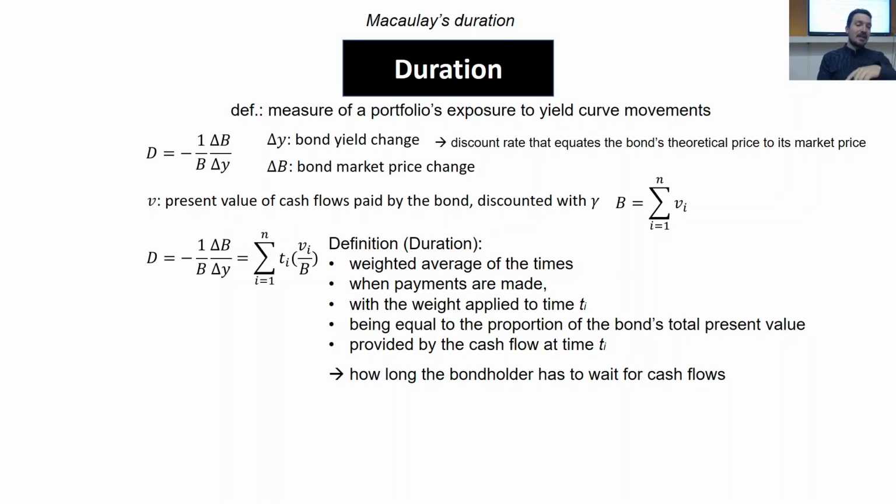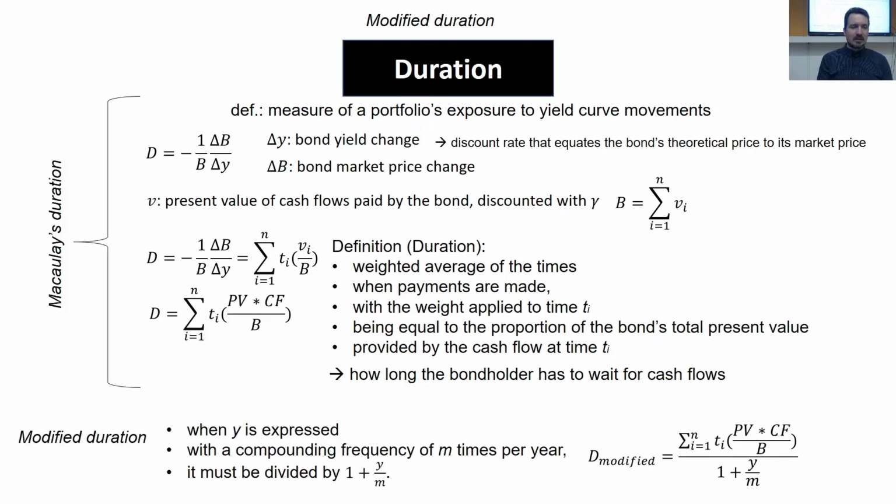So that's why it can be useful, because otherwise it's quite useless. And we can have this modified duration, where we do all these calculations, but also we have to modify it with this division.